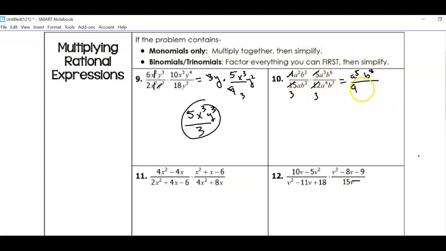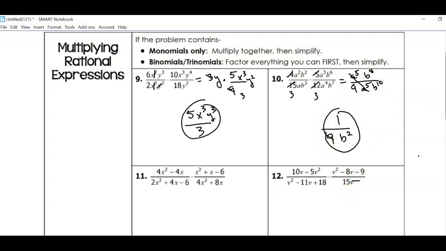And now I have a to the 5th. And I have b to the 10th. So now I can simplify my a's to the 5th, go away, they cancel out, and end up with b squared in the denominator. So I have 1 over 9b squared. Because I subtract, I end up with a negative 2. Ooh, so that's the final answer.